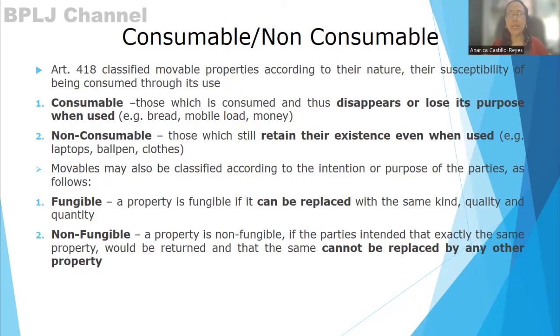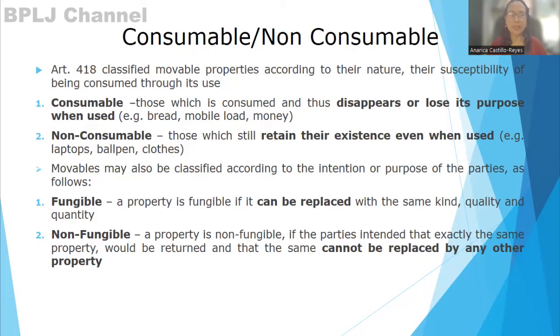Movables may also be classified according to the intention or purpose of the parties as follows. They may be classified as fungible if they can be replaced with the same kind, quality, and quantity. Example would be rice, okay? A sack of rice, okay? One example, R160 rice may be replaced by another sack of R160 rice.